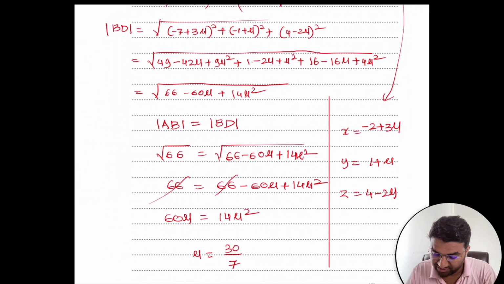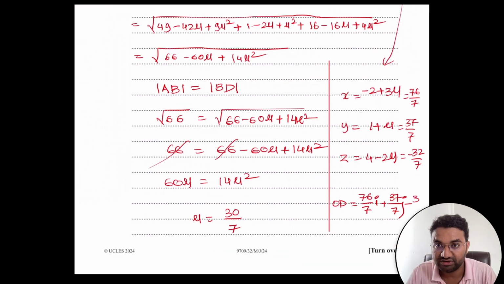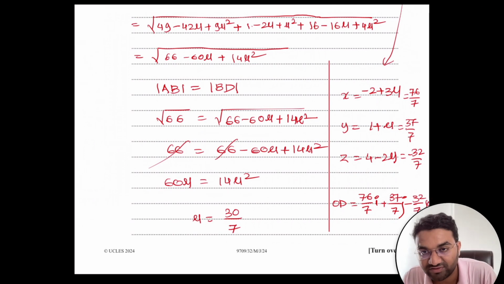Now substitute this mu as 30 by 7 here. We will get straight away 76 by 7 as x component, y component 37 by 7, and z component negative 32 by 7. So the position vector of D is 76 by 7 i plus 37 by 7 j minus 32 by 7 k, and this is the position vector OD.